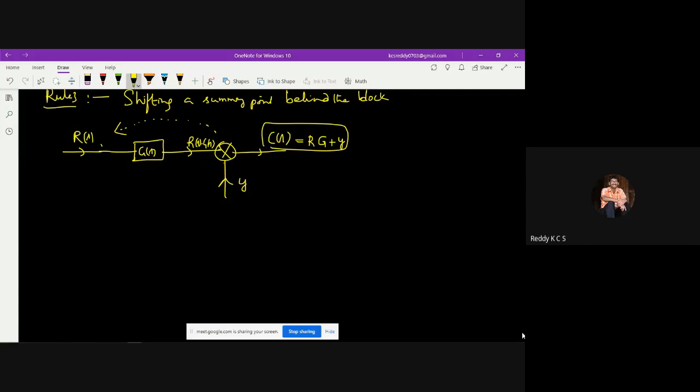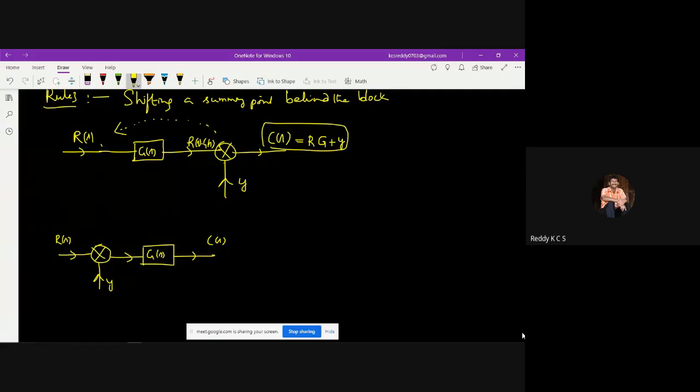So when I shift this summing point without changing anything else, what will happen to the output? This is g of s, and I have C of s here, and this signal is y. What about the output in this case?